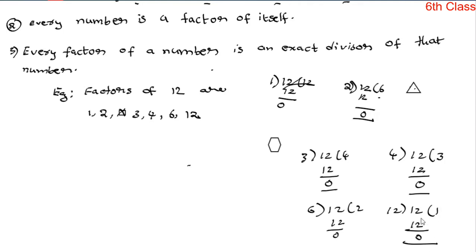In all the cases the remainder is 0. That's why every factor, 1, 2, 3, 4, 6 and 12, is an exact divisor of the given number 12.